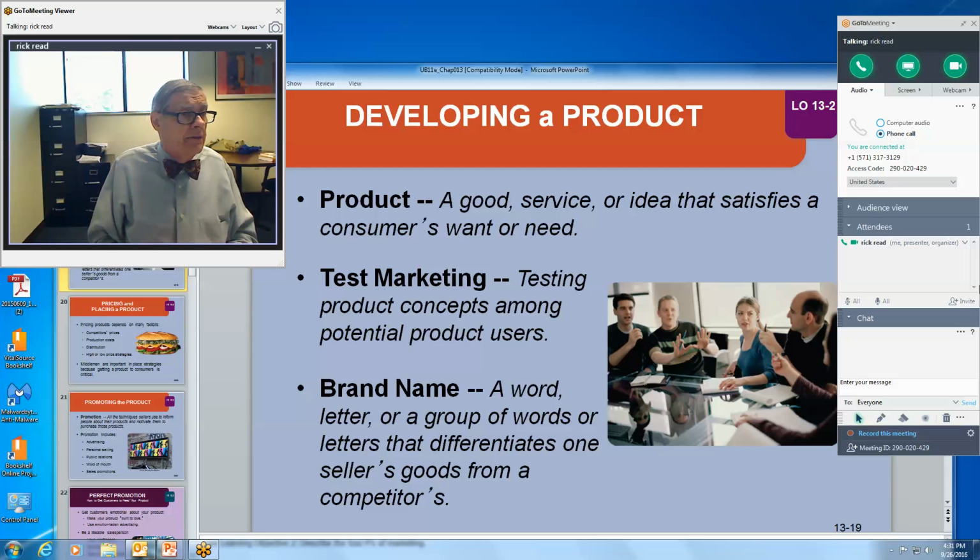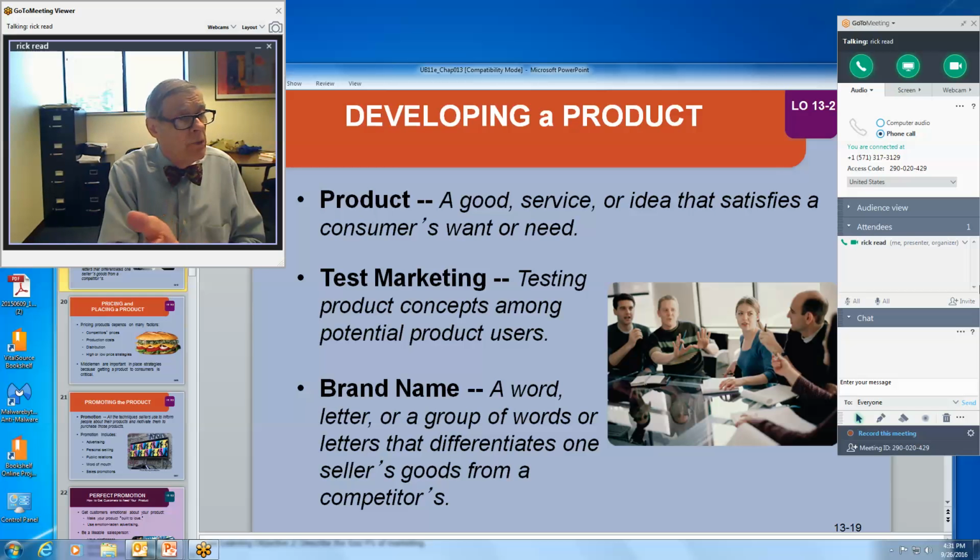And by the way, test marketing is usually conducted in an area that has a wide spectrum of people, both incomes and education and a few other type things, so they can get a pretty good sample of how well the product is being received in a certain area.